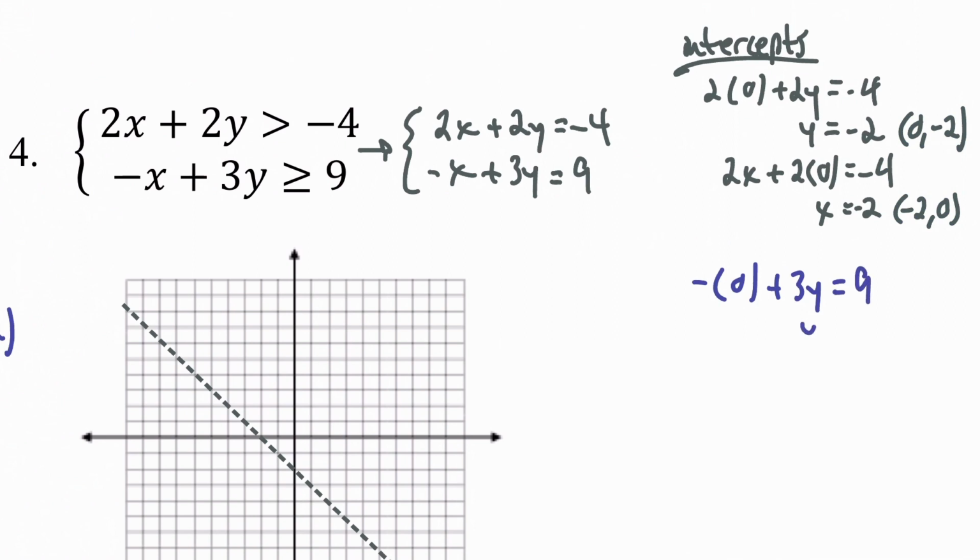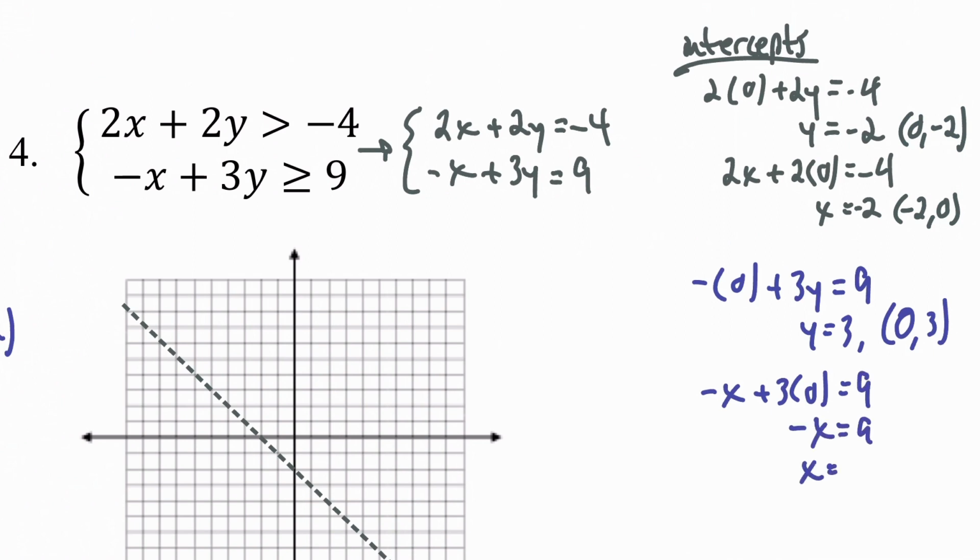So y equals 3. 0 comma 3 is the y-intercept. And then we'll put in 0 for y, so negative x plus 3 times 0 equals 9. So negative x equals 9, or in other words, x equals negative 9. So the ordered pair is negative 9 comma 0.